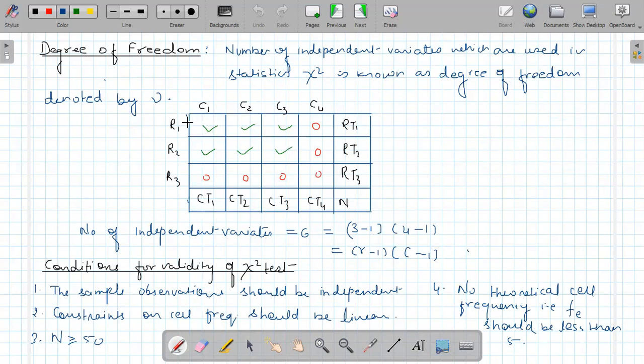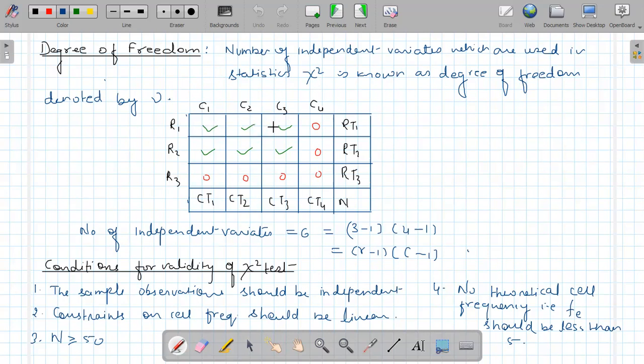Suppose this is an R cross S contingency table. Here we have 3 rows and 4 columns, and the row totals are given to us and the column totals are also given to us. The ticks in green show that these entries are known.